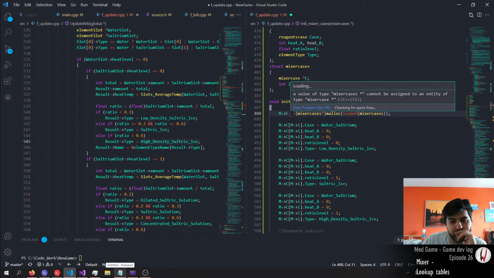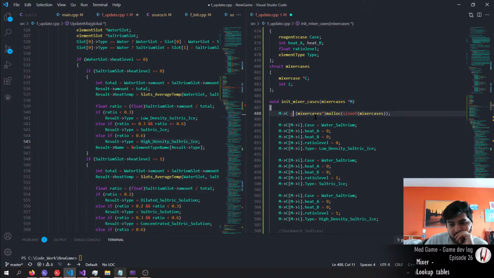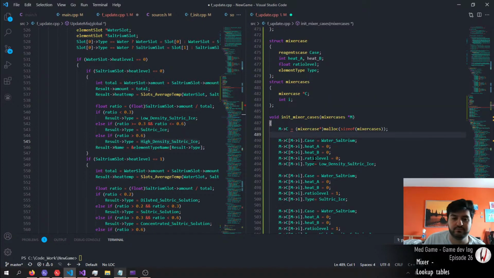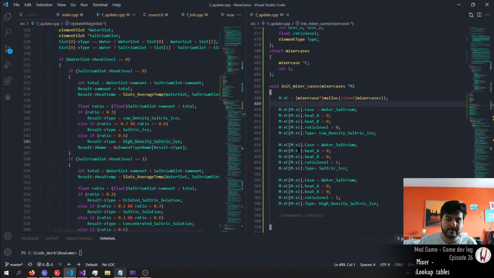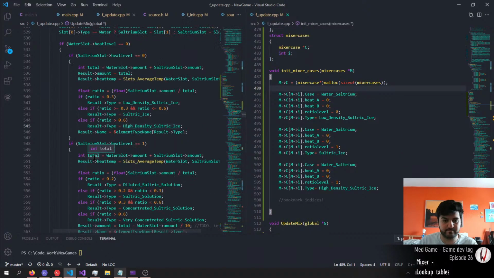Okay, let's do. Okay, so we have this. Ratio levels. So let's say the ratio is 0.2. How do you know? Well, I can make ratio caps, right?